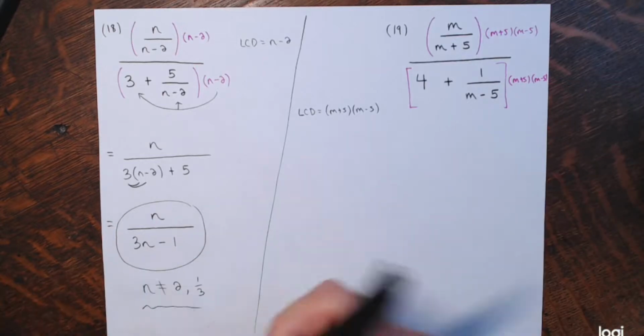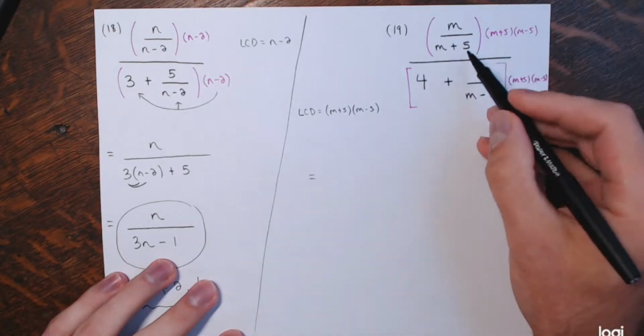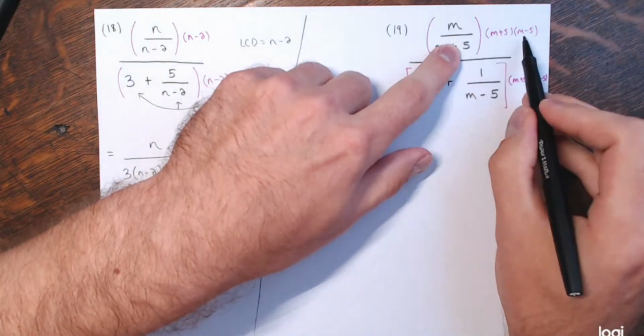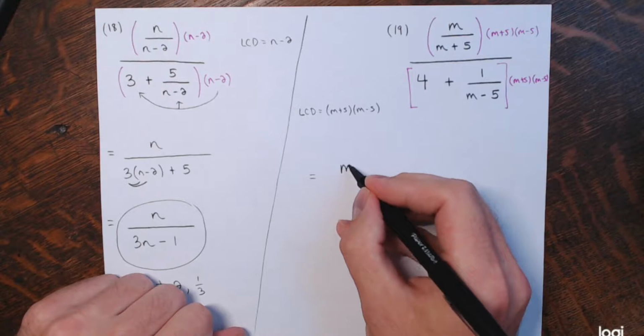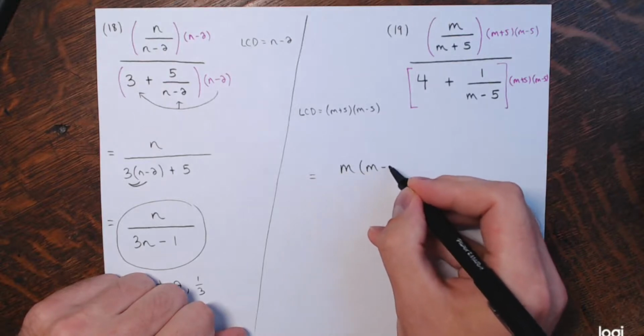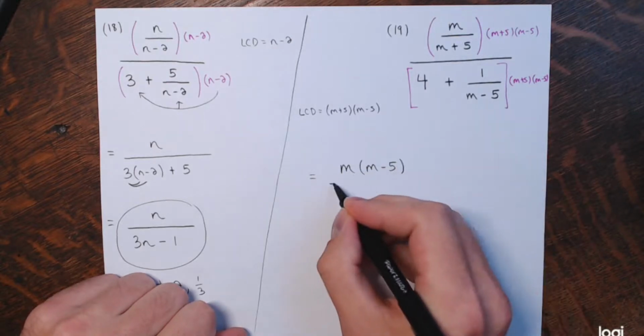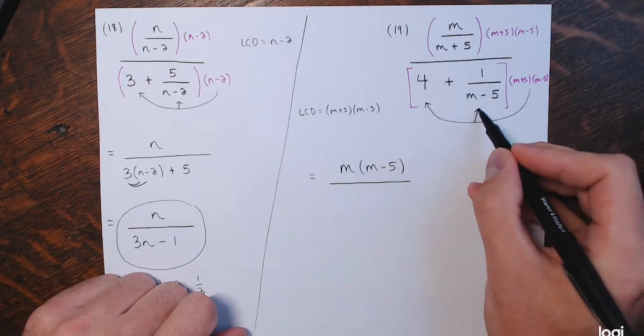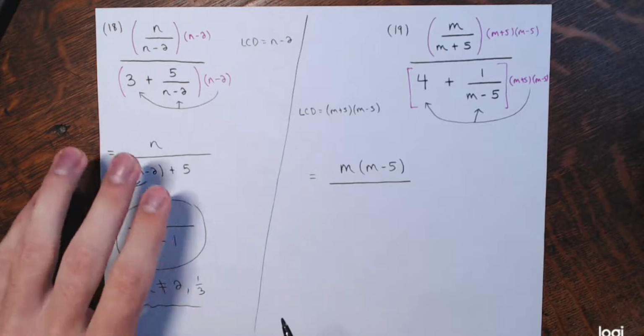All right, now in the numerator, the m plus 5's would cancel, and I'd be left with m times the quantity m minus 5. And then I'm distributing the LCD to both terms, both fractions in the denominator.